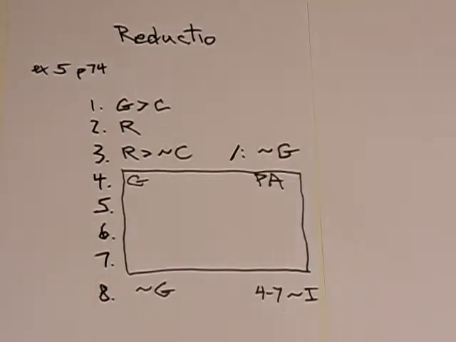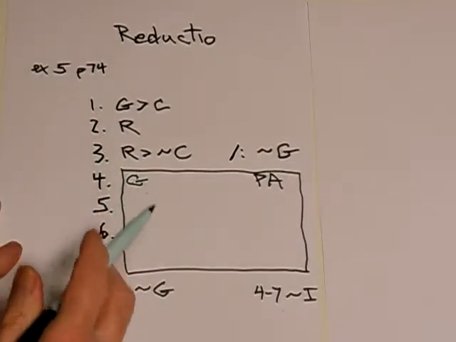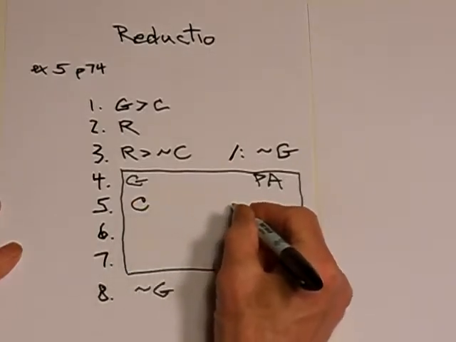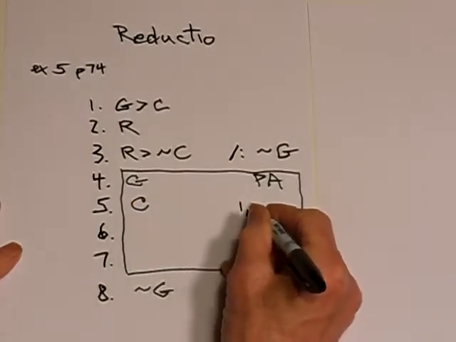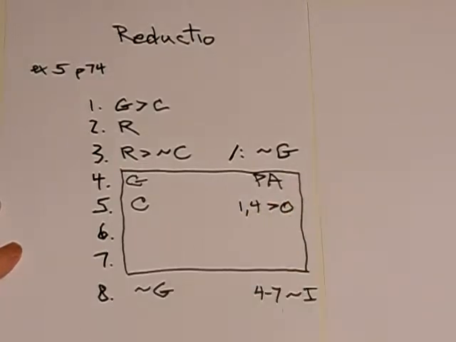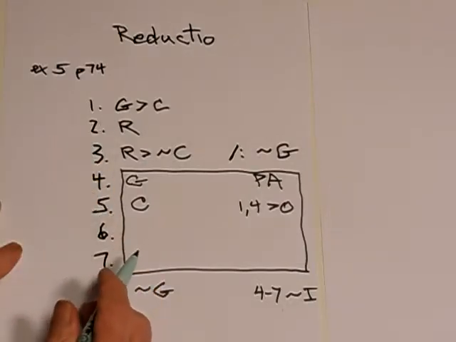So, taking a look at what we now have to work with, we've got G arrow C and G that gives us C from lines 1 and 4 by arrow out. And we also have another conditional and its antecedent.